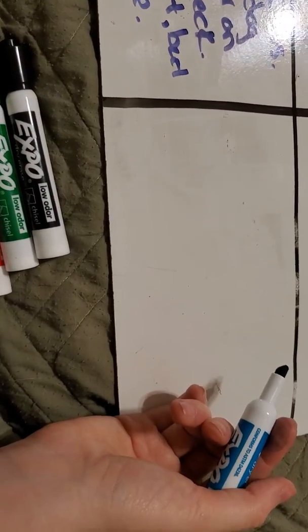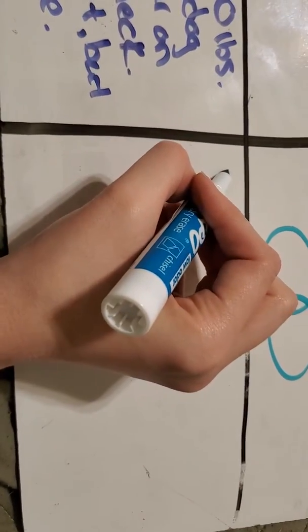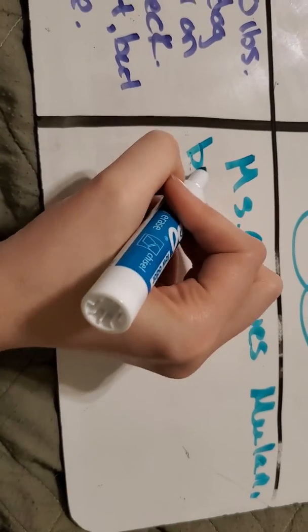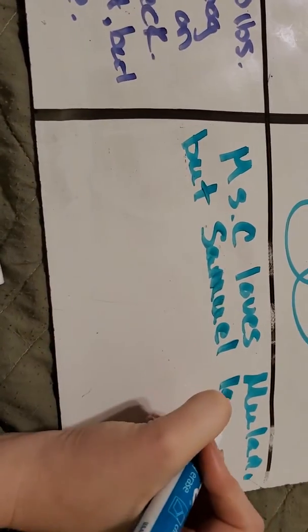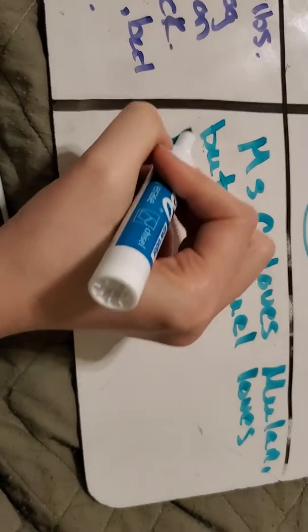So your example would be Miss C loves Mulan, but Samuel loves Moana.